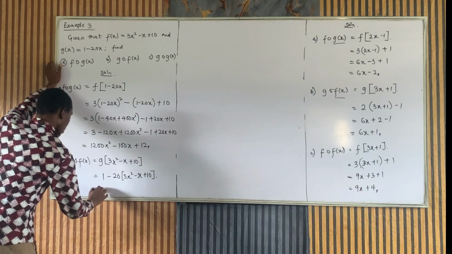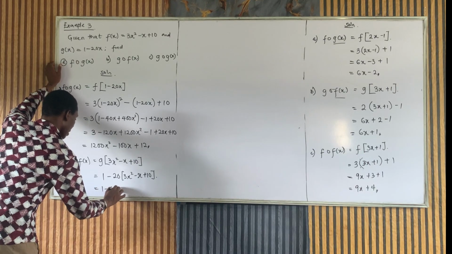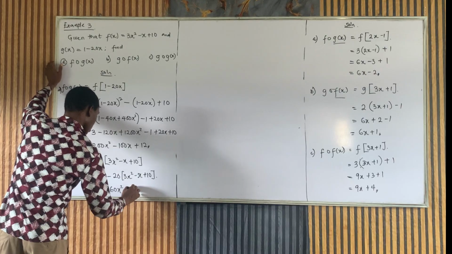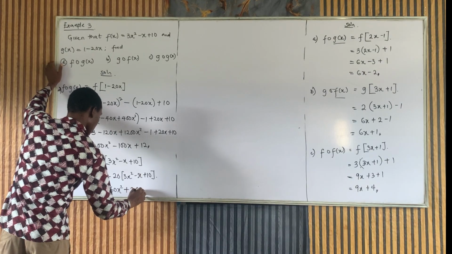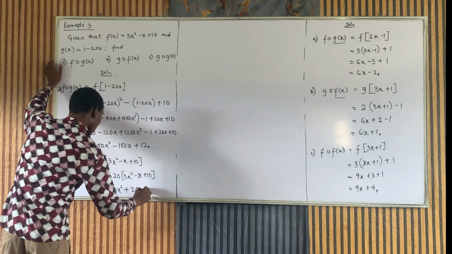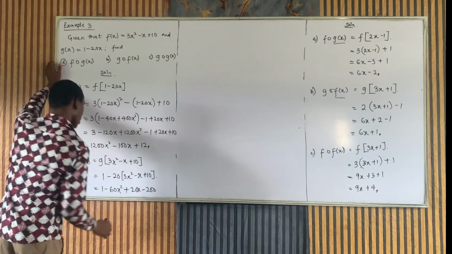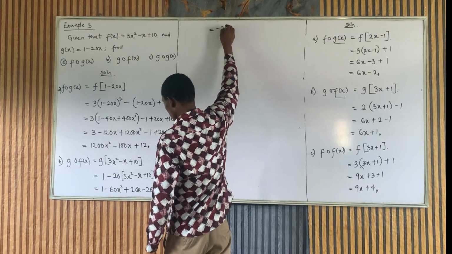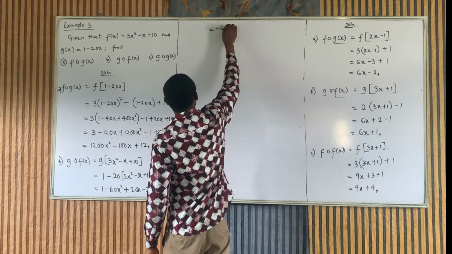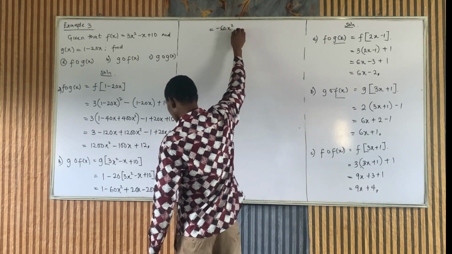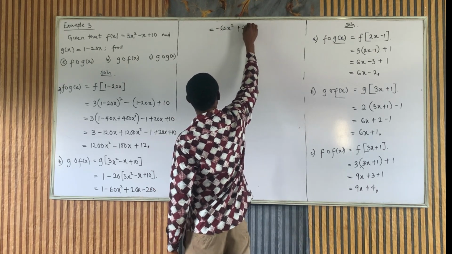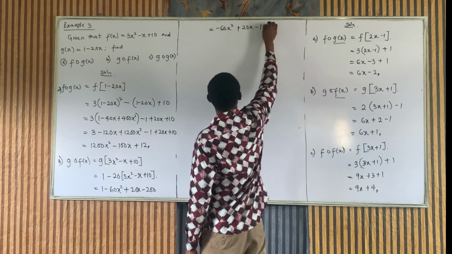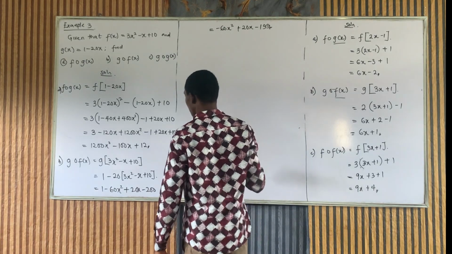So this will be 1 minus 60x squared plus 20x, then minus 200. So this will be equal to minus 60x squared, and then plus 20x, and then lastly minus 199 as the final answer for this.